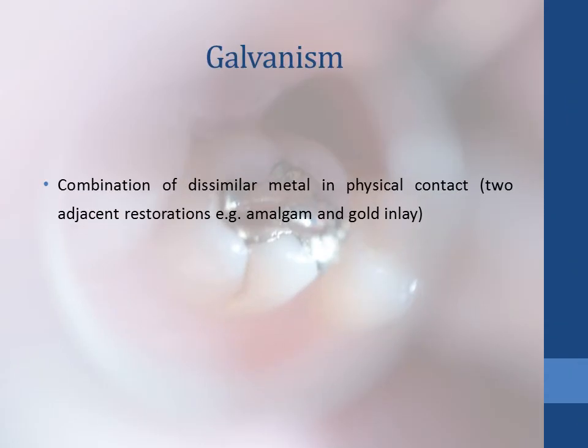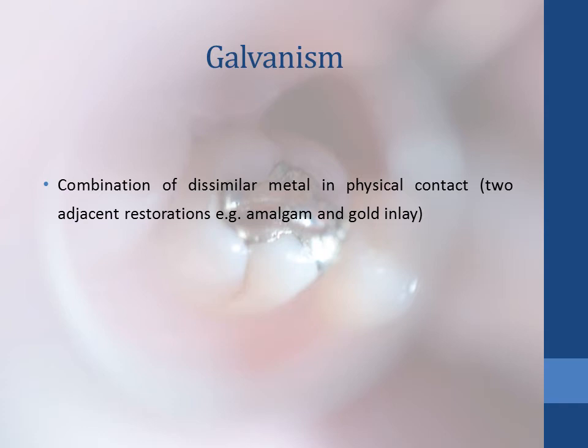Now let's talk about galvanism. I'm sure and I'm hopeful that you remember what galvanism was. So galvanism was basically a phenomenon due to the combination of dissimilar metals in physical contact within the oral cavity. For example, two different metallic restorations coming in contact with each other, like an amalgam restoration and a gold alloy.